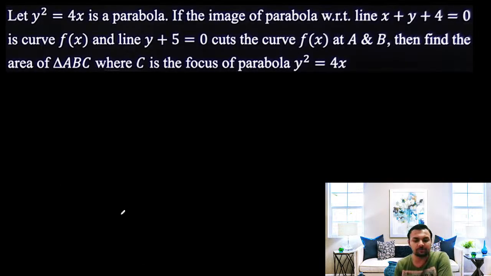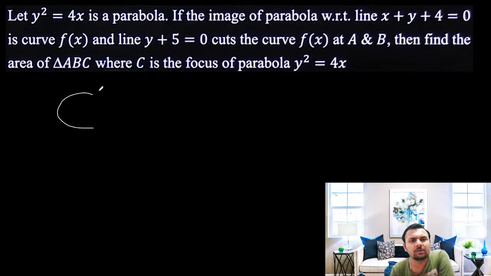Now we are moving to this question. Let y square equal to 4x be a parabola. If the image of the parabola with respect to the line x plus y equal to 4 is a curve fx, and y plus 5 equal to 0 cuts fx at A and B, then find the area of triangle ABC.